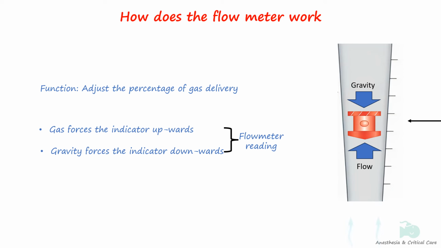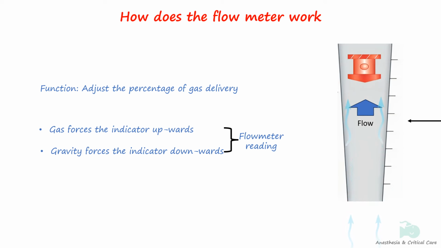As the gas flow increases, the number of molecules hitting the indicator increases. Hence the indicator rises as the force acting on it from the flow of gas is more than that of gravity. As the indicator rises up the tube, the gap around the bobbin increases, which allows more and more gas to flow around it.